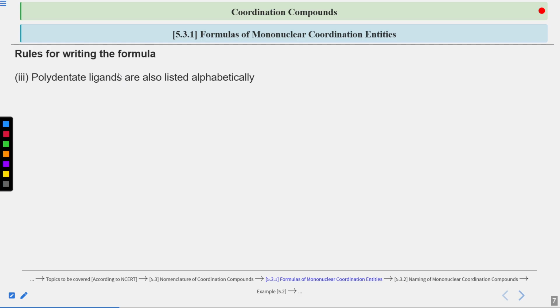Okay, so we have seen the rules that firstly you have to write the symbol for the central atom while writing the formula of the coordination compound. Second thing you have to remember is after writing the central atom or ion symbol, you have to write the ligands in alphabetical order. Now, if there is a polydentate ligand, they are also listed alphabetically.